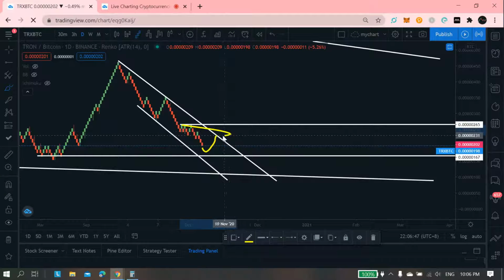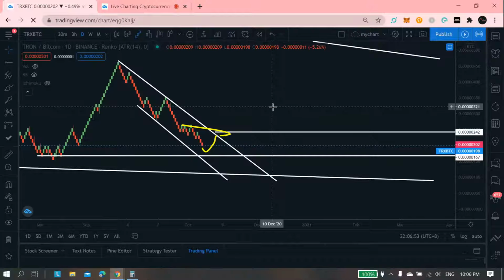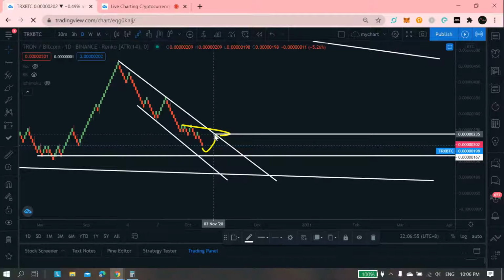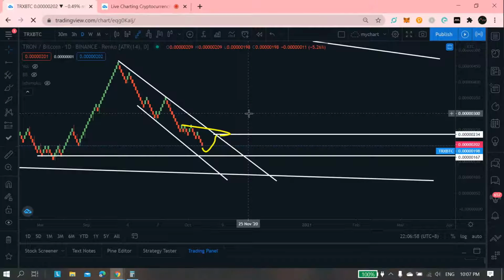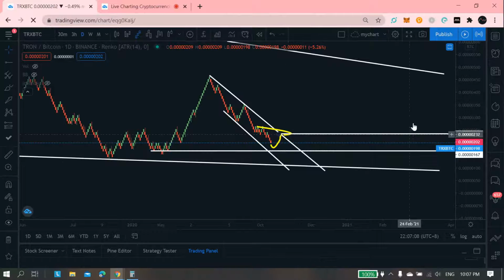But possibly this is the 234 area, if it will try to retest this area. So I think that's it. Support I'm looking at is 167 and possible resistance at 234.